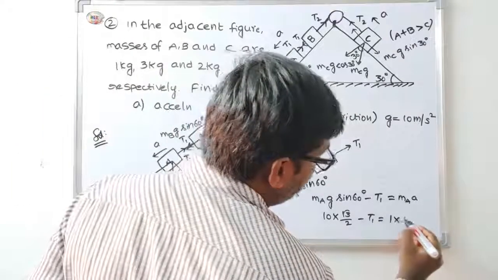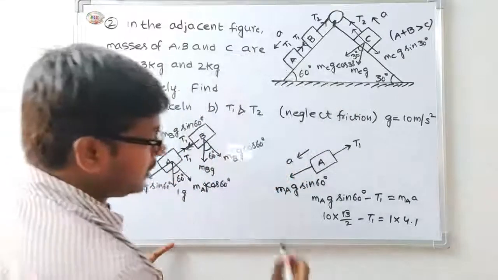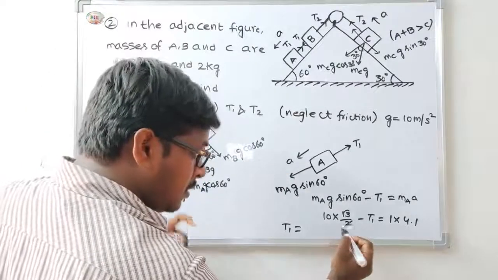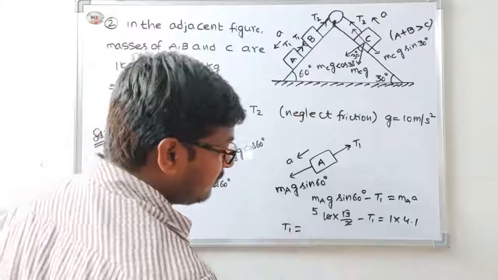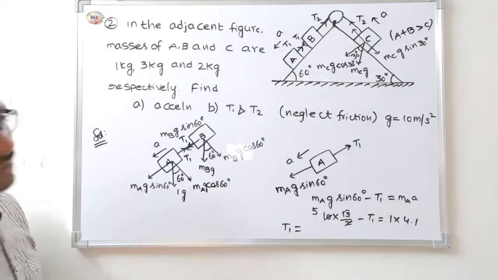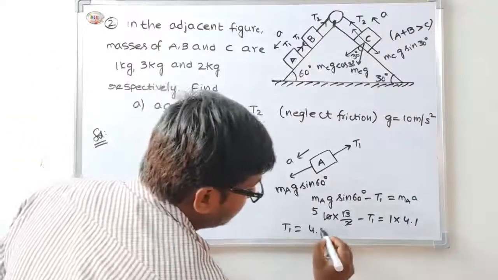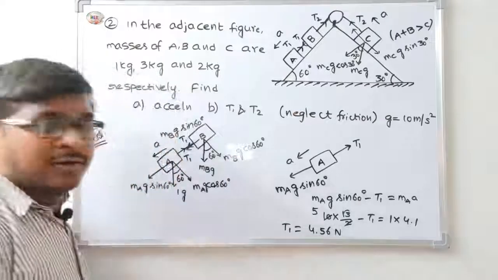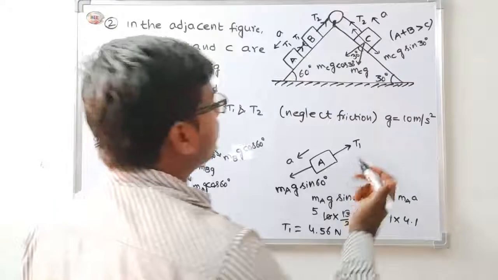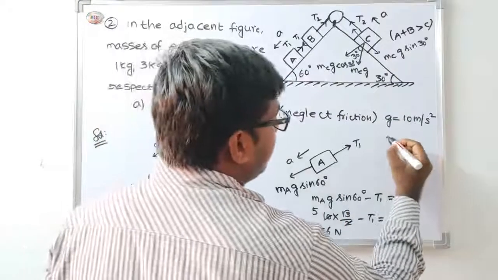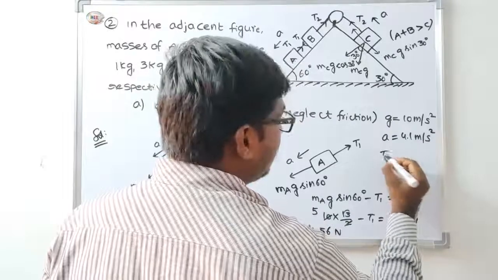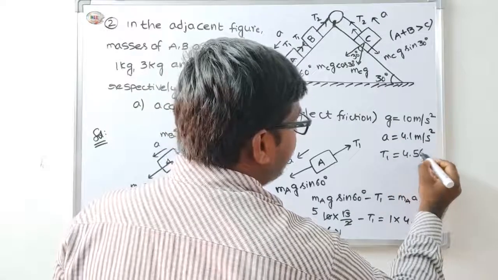The T1 is equal to 5 into root 3 minus 4.1, that is equal to 4.56 Newton. This is the T1 value. So already found acceleration is equal to 4.1 meter per second square. The next, T1 is equal to 4.56 Newton.